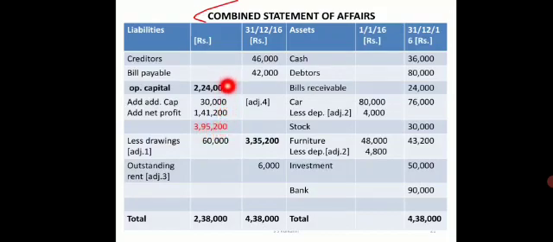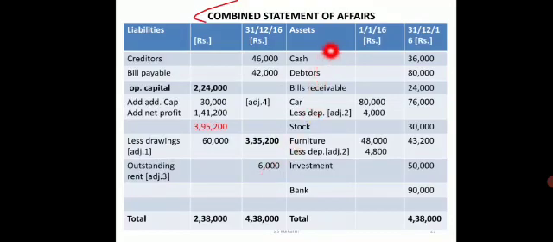So to opening capital I should add additional capital and net profit. The resultant figure will be my total capital for that year. But since drawings are done during the year, it shows a reduction of my capital, so it has to be reduced. The total capital will be 3,35,200. Next I have outstanding rent, which gives me 6,000.